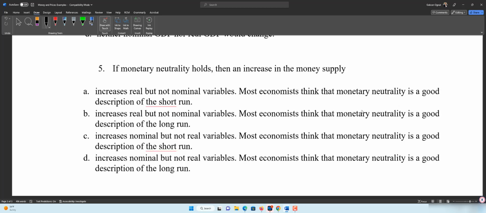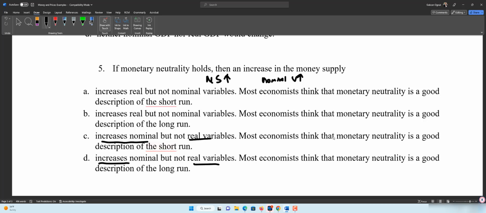Question number 5. If monetary neutrality holds, then an increase in money supply. If there is an increase in money supply, we know that nominal variables are going to increase, but it does not affect the real variables. So the answer is increases nominal variables, but not real variables.